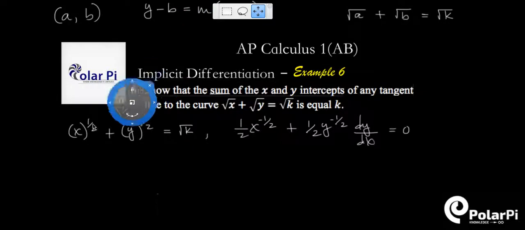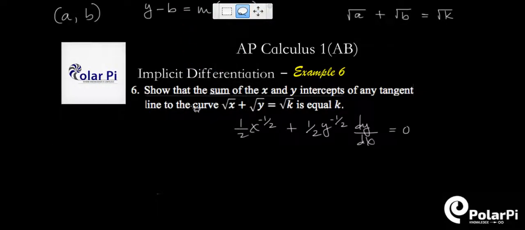And from this equation, we can solve for dy dx. If we do, then we'd have to write that dy dx is going to equal negative 1/2 x to the negative 1/2.